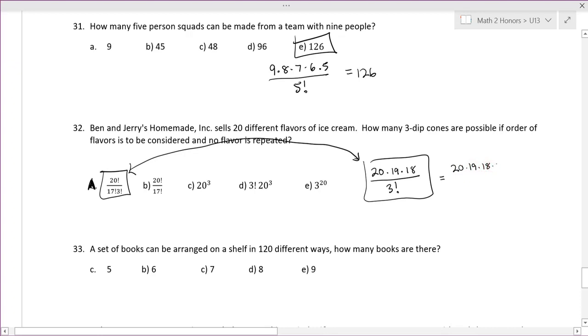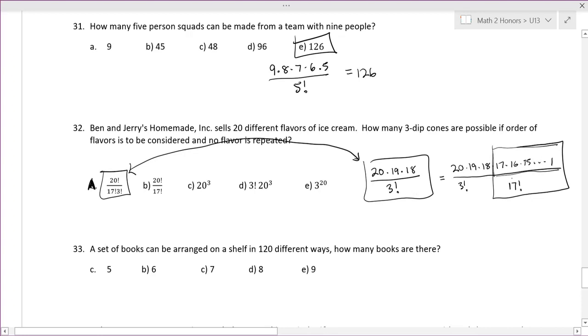If I make this 20 factorial, all the way down to 1, I have 3 factorial already, but what wasn't there was the 17 all the way down to 1. And notice that that is 17 factorial. So this divided by 17 factorial, this piece right here, is what I added, but you can do that with a fraction.